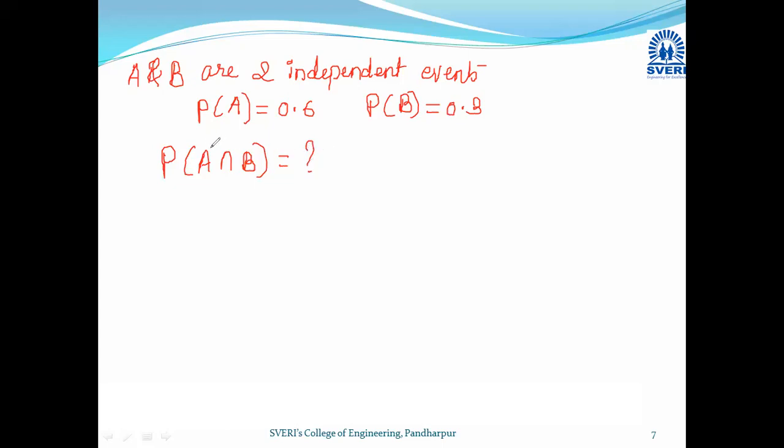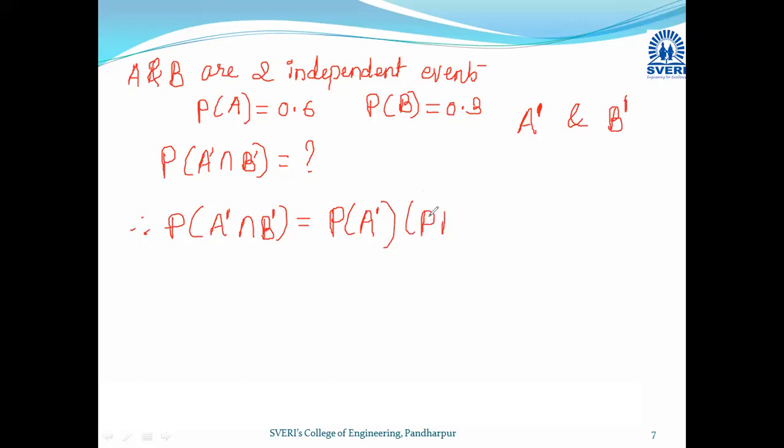Okay, now here A dash and B dash are considered. If A and B are two independent events, then A dash and B dash are also independent events. So we are taking that P of A dash intersection B dash is equal to P of A dash into P of B dash, which is equal to 0.6, 0.3. So here we are getting that answer. How much?